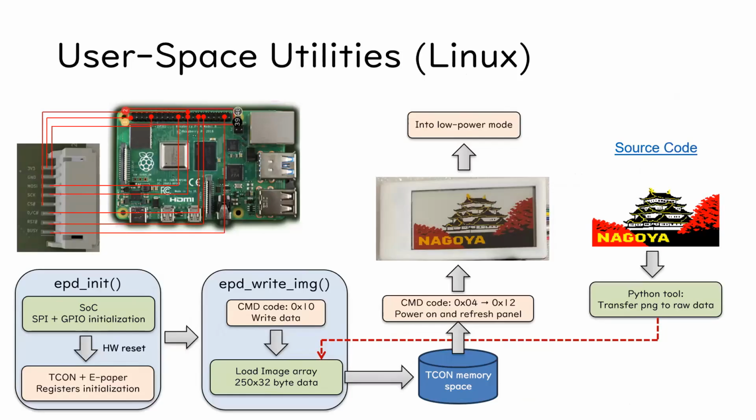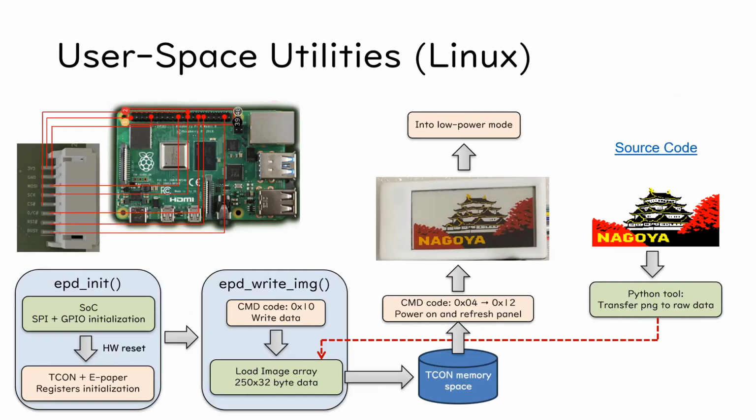And about the software side, we also support some user space utility applications in Linux. In this case, as you can see, it's a Raspberry Pi 5 example. Because it has the 40-pin header, there is one SPI interface and some GPIOs that can be used. You can easily connect to our e-paper module and download our source code to refresh the image.